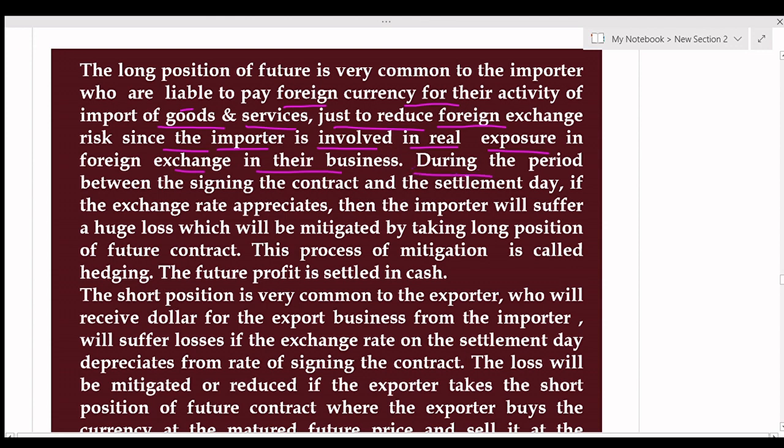During the period between signing the contract and the settlement day, if the exchange rate appreciates, then the importer will suffer a huge loss, which will be mitigated by taking a long position of future contract. This process of mitigation is called hedging. The future profit is settled in cash.